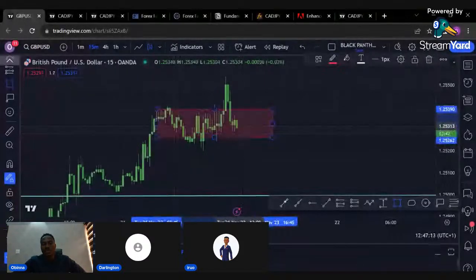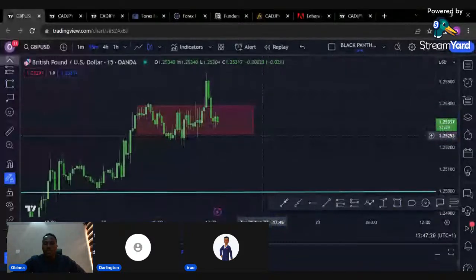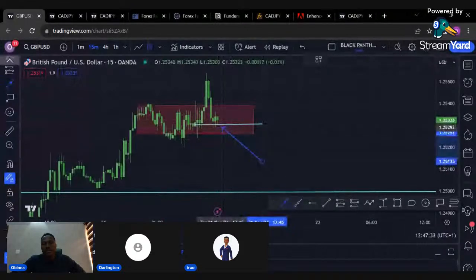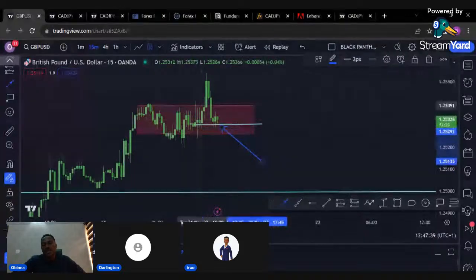So if price is failing to continue to go up, it means it's more of a range. The only reason I will believe that price has changed or price is no more buying is if the higher low is broken. Then I know that the strength of the buyers is leaving the market.